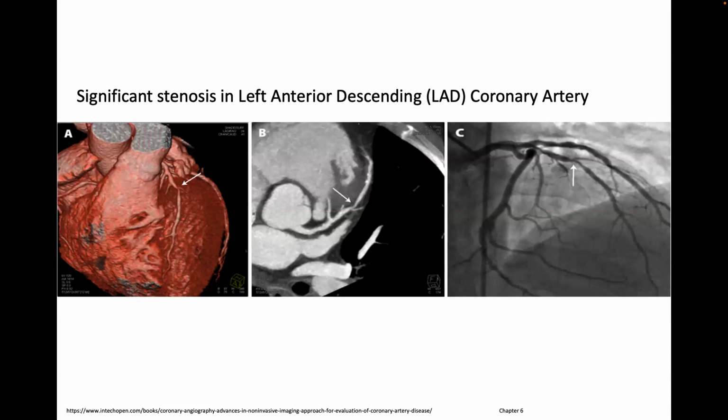And I think it's due to the fact that the company that has the FFRCT algorithm also has hundreds of thousands of CTAs, knows the outcomes from cath, has trained deep learning segmentation tools to look at these arteries, and that's what's going on. It's not computational fluid dynamics anymore. It's the deep learning segmenter looking at it and going, yeah, this is a significant lesion, and it's getting it right way more than people.